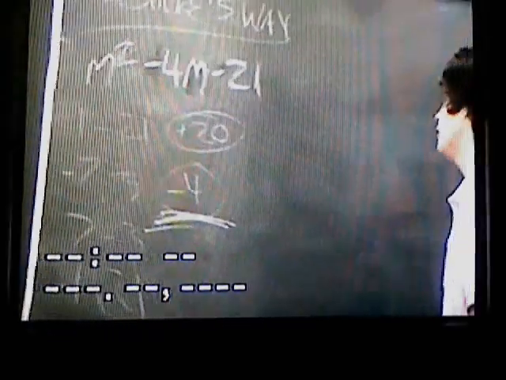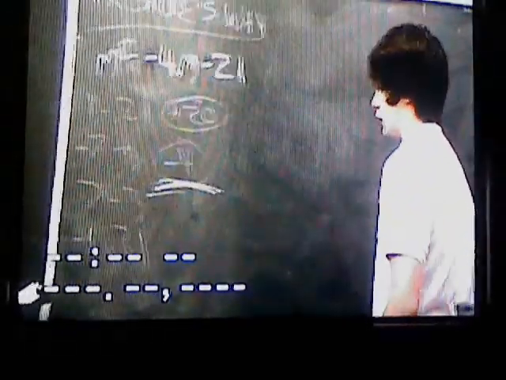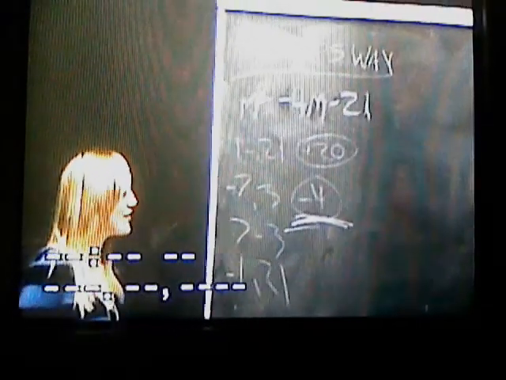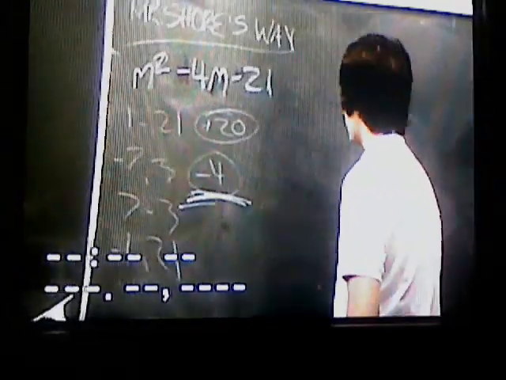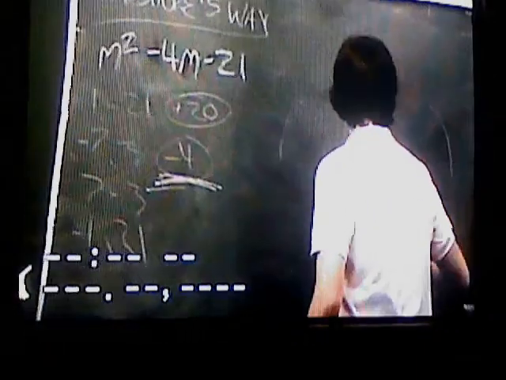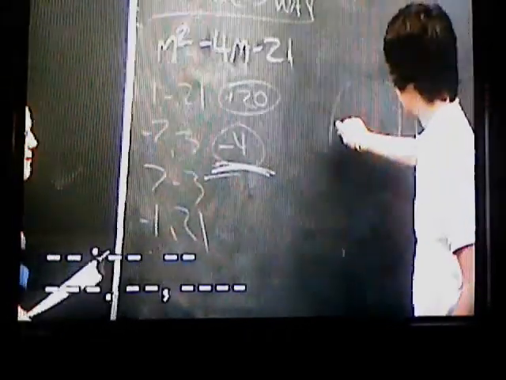Now, Monica, with those 2 numbers, what do you think the answer should be? I don't know. Okay, well, first you gotta put it in the brackets. Now, what do you think you have in both brackets? M. Right.